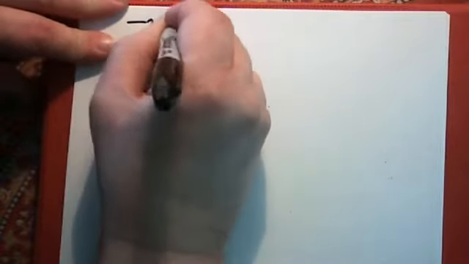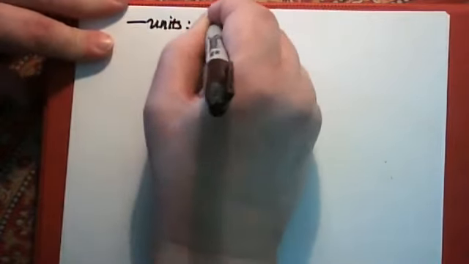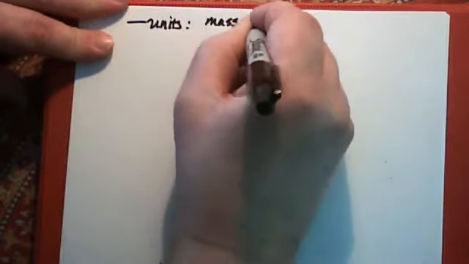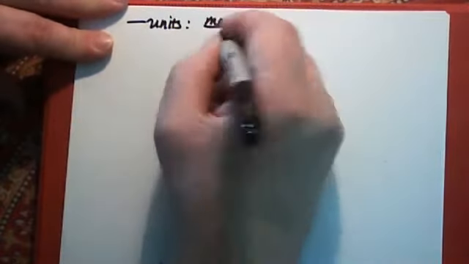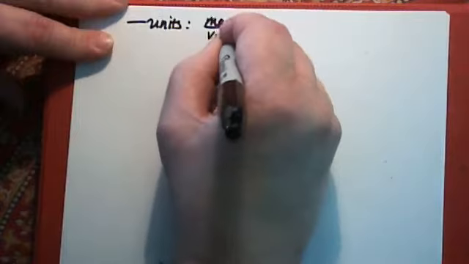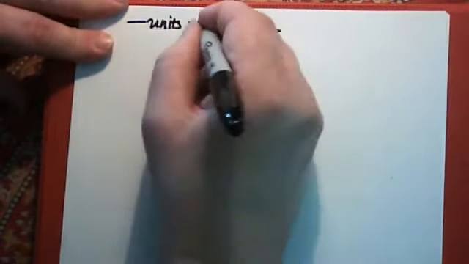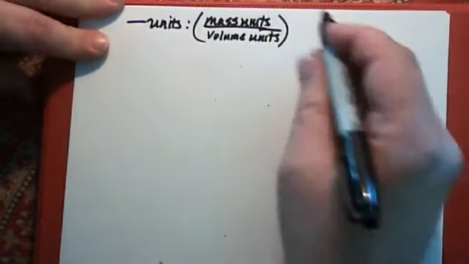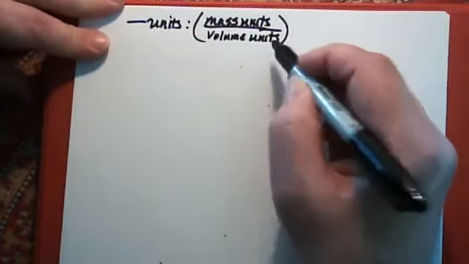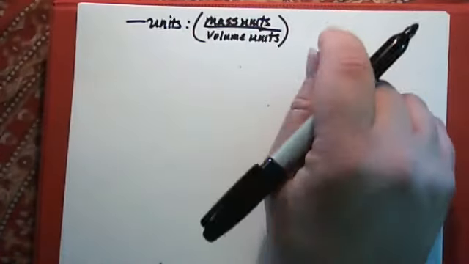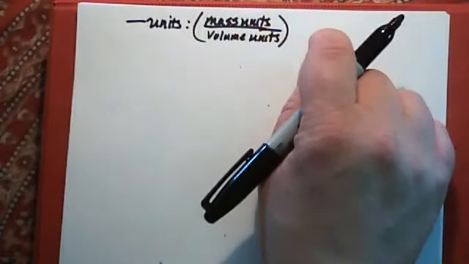So let's see, the units for density. Well, it's mass over volume, so density units would be mass units over volume units. And actually, technically, any mass unit over any volume unit could be considered a density.